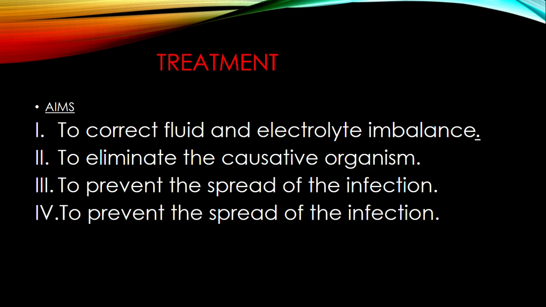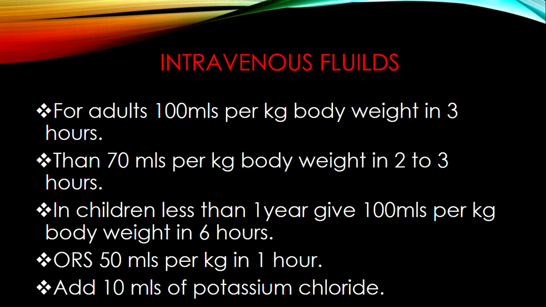As we saw even in the risk factors, living with a person with cholera can put everyone in the house at risk of having cholera. So we want to make sure that we isolate this patient, manage them accordingly, and prevent the spread of the infection. Those are the aims of management. When it comes to intravenous fluids, they are going to be administered as follows.